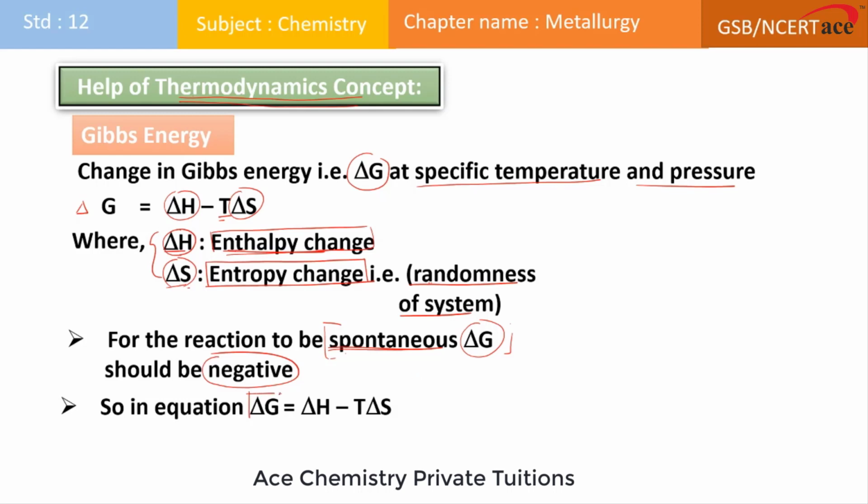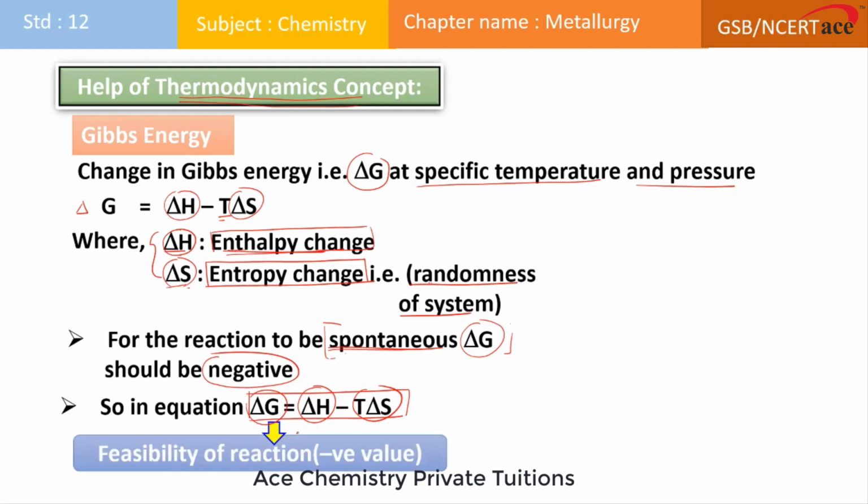So in the given equation, delta G is equal to delta H minus T delta S, the delta G has to be what? Negative, and this negative value indicates the feasibility of the reaction. So the value of delta G versus temperature explains the idea of governing the reaction and selection of a suitable reducing agent.